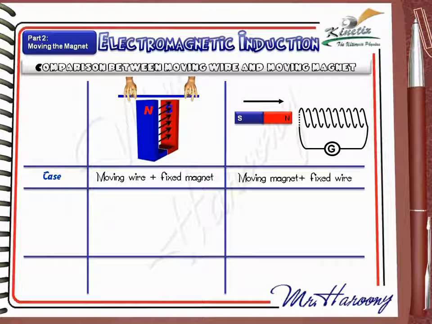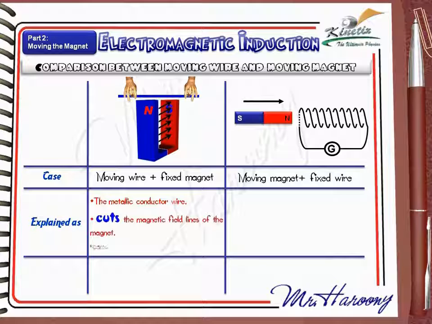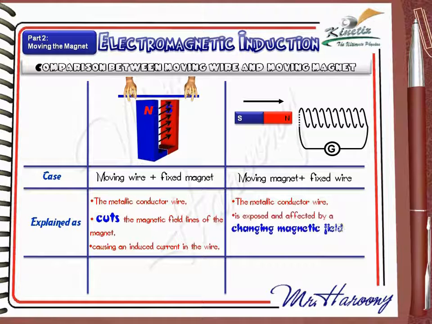If we talk about the explanation, the induced current produced by the first case is explained as the metallic conductor wire cuts the magnetic field lines of the magnet, causing an induced current in the wire. It's clear that our keyword is cuts. But in the second case, the induced current is explained as the metallic conductor wire is exposed and affected by a changing magnetic field.